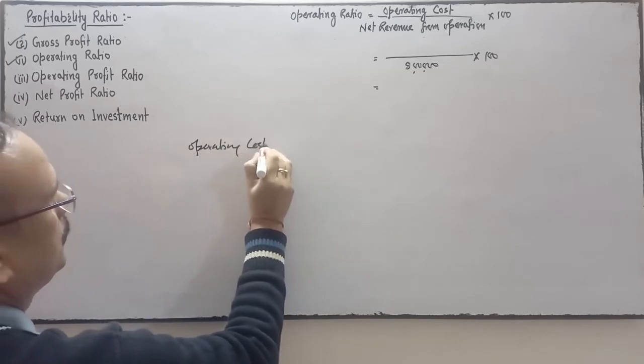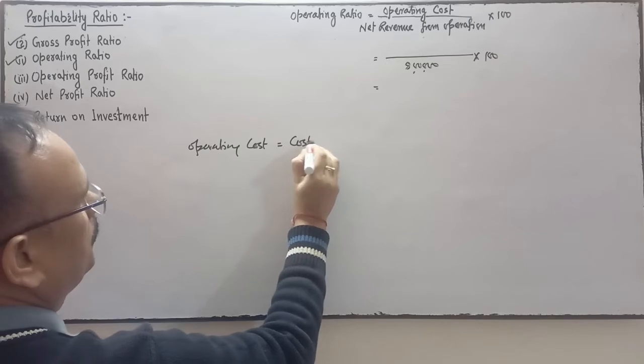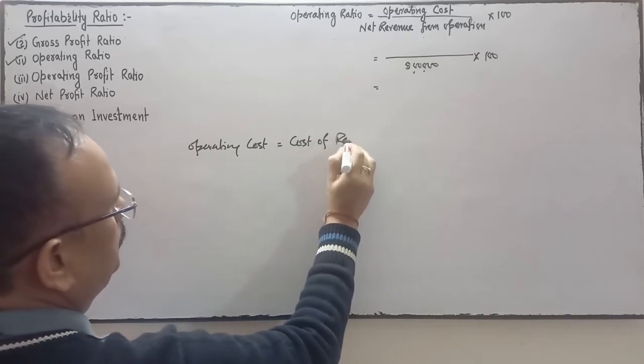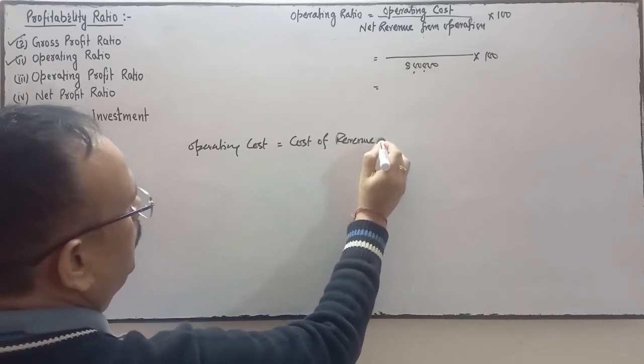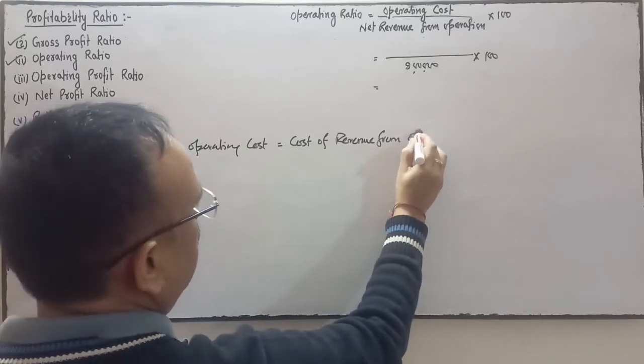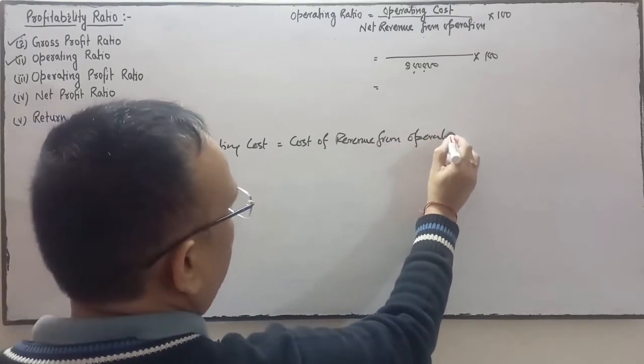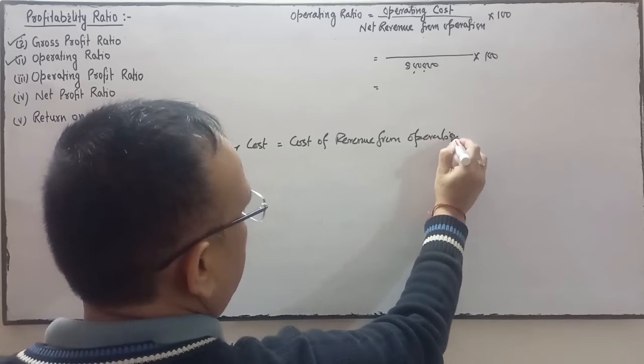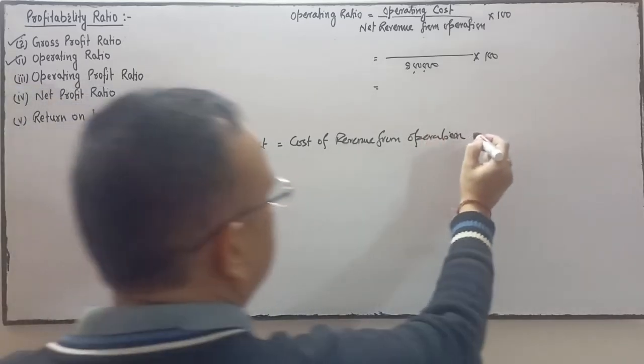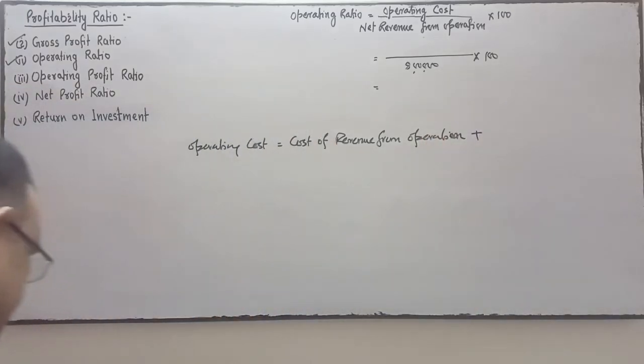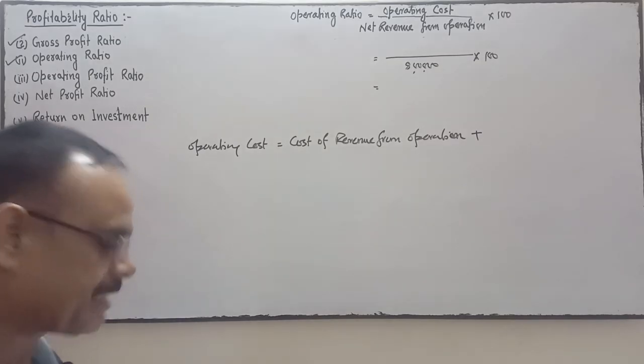is equal to cost of revenue from operation plus operating expenses. Operating expenses is office and selling expenses.